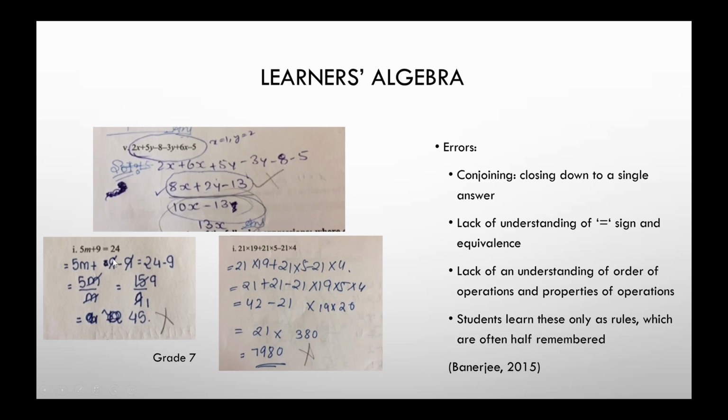Then there is another problem, which is on equations, although I'm not going to focus today on equations. So 5m plus, the first step once again is correct. And the child does the plus 9 minus 9 on both sides to take away the 9 on the left hand side.